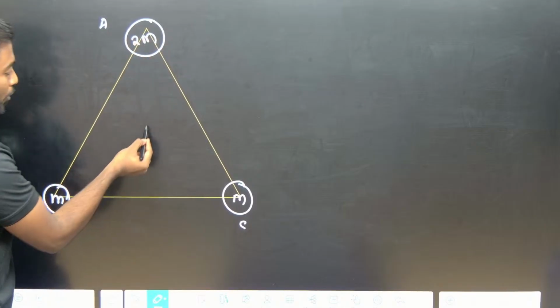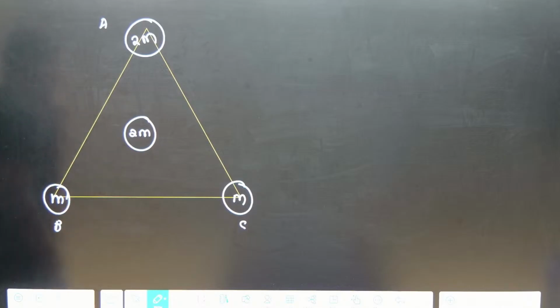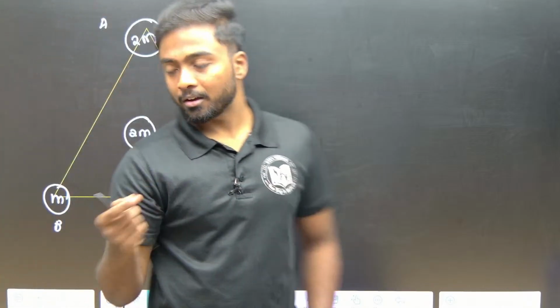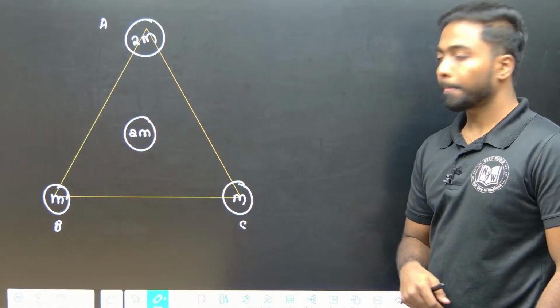Now centroid how much? Now 2M, no? Now similar method, what I should do? I should take the components and I should simplify in x and y axis, right? So let me take that.